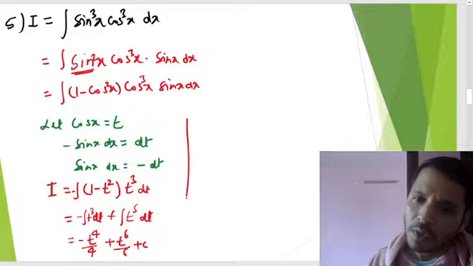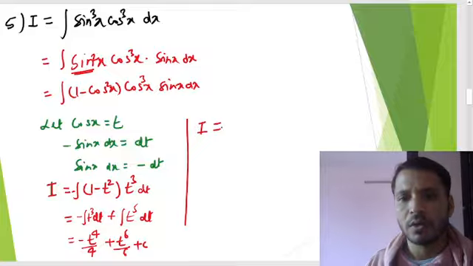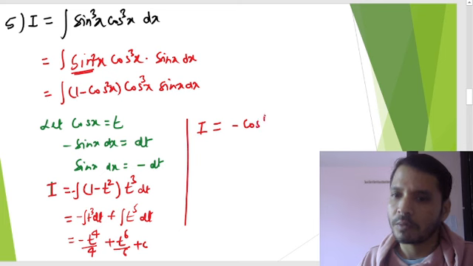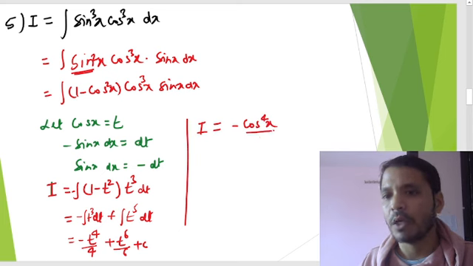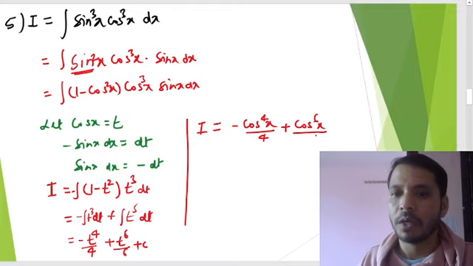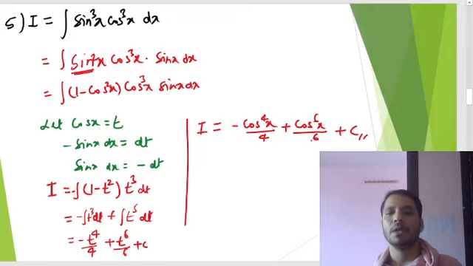So here I equal to, in terms of cos, minus cos to the power 4 x divided by 4 plus cos to the power 6 x divided by 6 plus c. This is the answer of the question number 5.